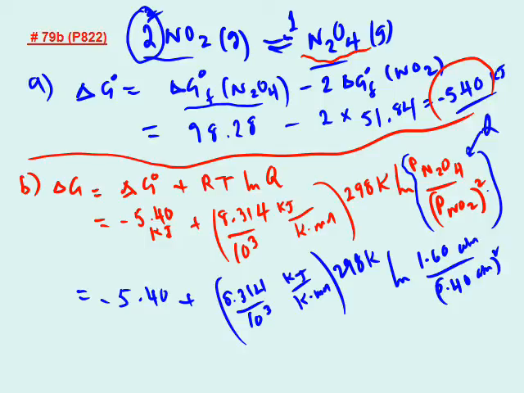Remember that this is a log with respect to base 10. So now I'm going to write down this whole thing. Make sure you recheck this calculation of mine. Minus 5.40, we already know, plus 5.70.